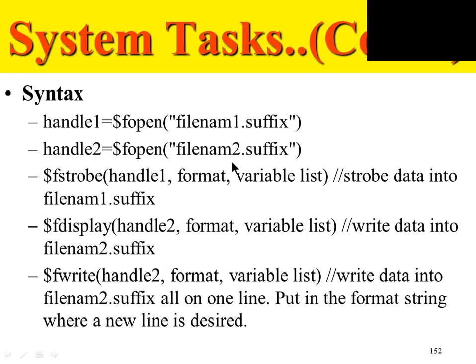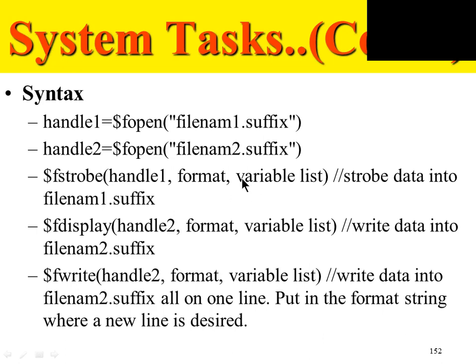handle2 is pointing to some other file. Now if I say $fdisplay handle1, which is pointing to file number one, format means I can put any format: %c, %d, %b for binary, d for decimal, h for hexadecimal. This variable list is the signal list.